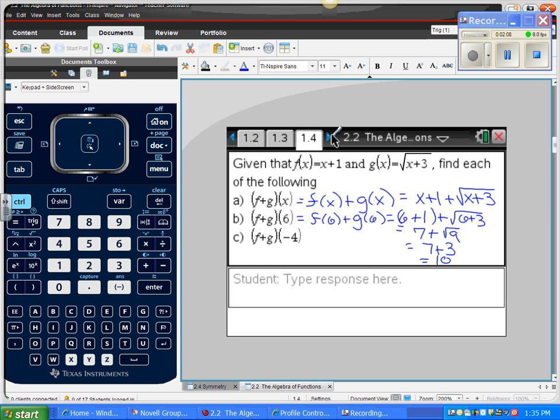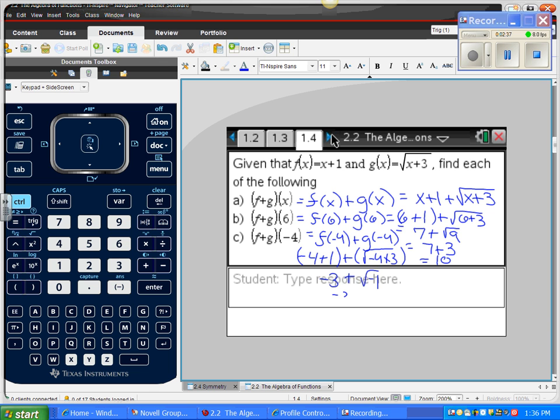Okay, f plus g of negative 4, same process here. f of negative 4 plus g of negative 4. f of negative 4, you get negative 4 plus 1 plus the square root of negative 4 plus 3. So you get negative 3 plus, we get negative 4 plus 3, which is negative 1.